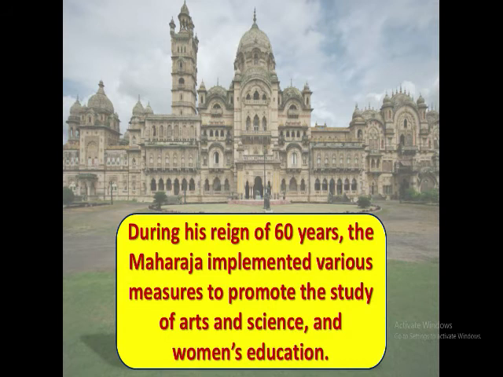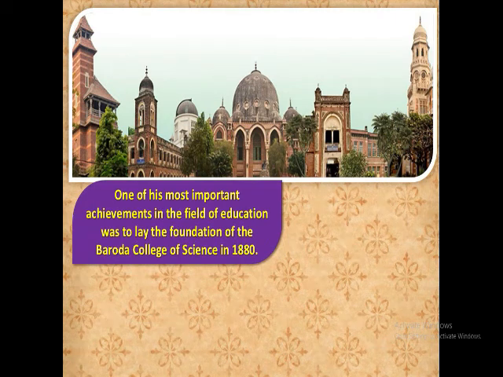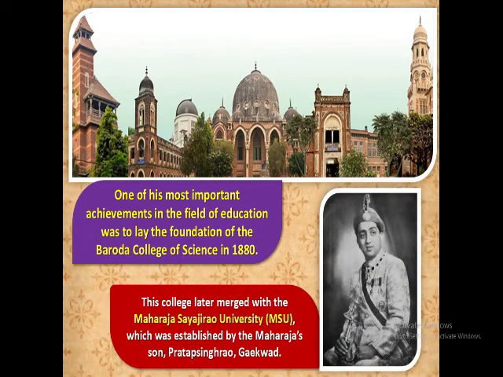During his reign of 60 years, the Maharaja implemented various measures to promote the study of the arts and science and women's education. One of his most important achievements in education was to lay the foundation of the Baroda College of Science in 1880. This college later merged with the Maharaja Sayajirao University, in short MSU, which was established by the Maharaja's son Pratap Singh Gaekwad.